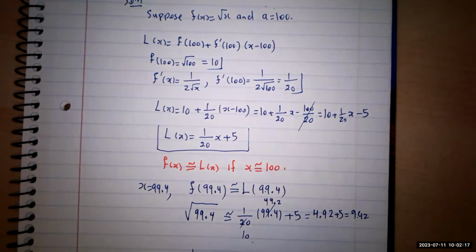With the calculator, the square root of 99.4 is going to be almost... Isn't it 49.7? 99.4 divided by 2 is 49.7? Oh, 7. Yeah, 9 times 2 is 18.